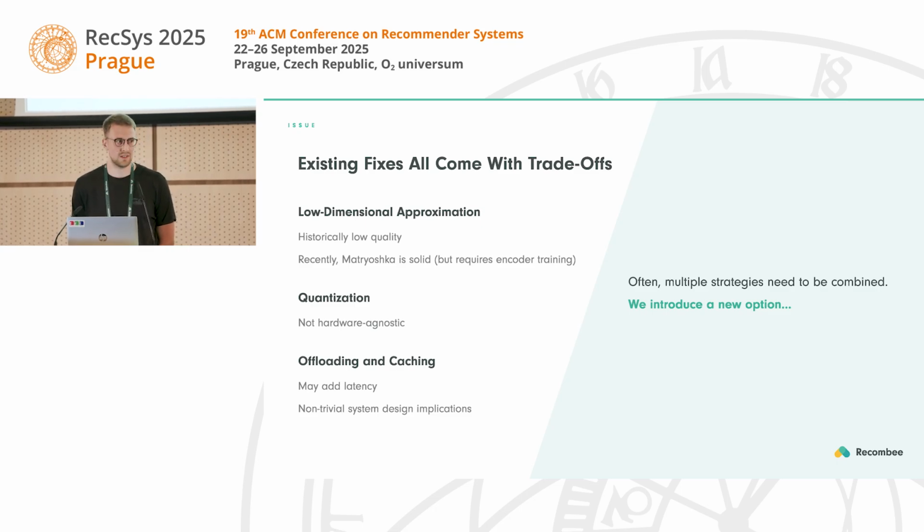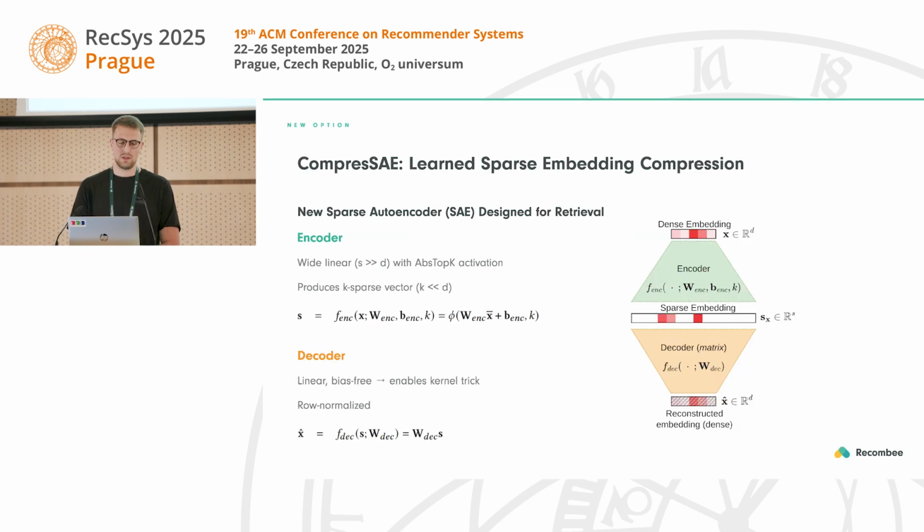If you're wondering about the title of our work, it's about presenting a new strategy that can be used instead of any of these, and you might want to try it for your future research. So we introduce CompressSAE, which is a learnable sparse embedding compression method.